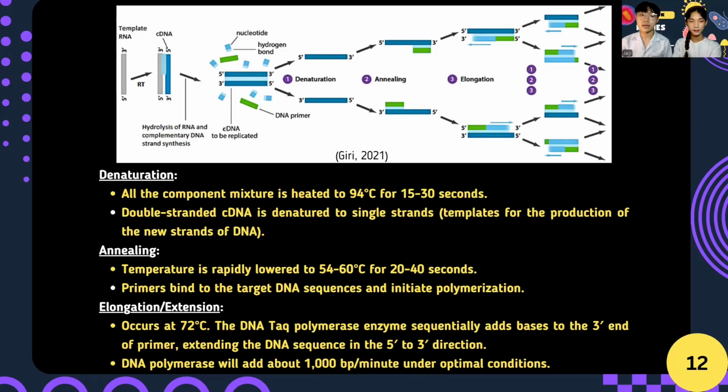This step occurs at 72 degrees Celsius, and the Taq DNA polymerase enzyme sequentially adds bases to the 3' end of the primer, extending the DNA sequence in the 5' to 3' direction. DNA polymerase adds about 1000 base pairs per minute under optimal conditions.